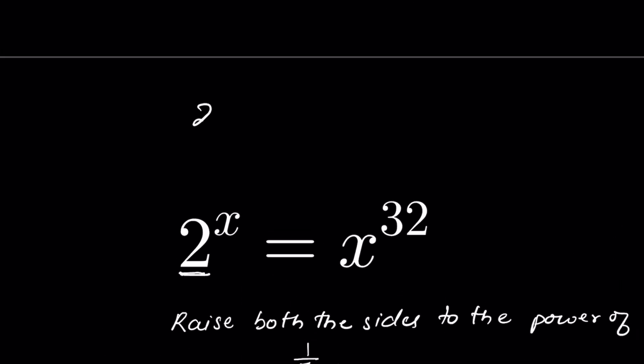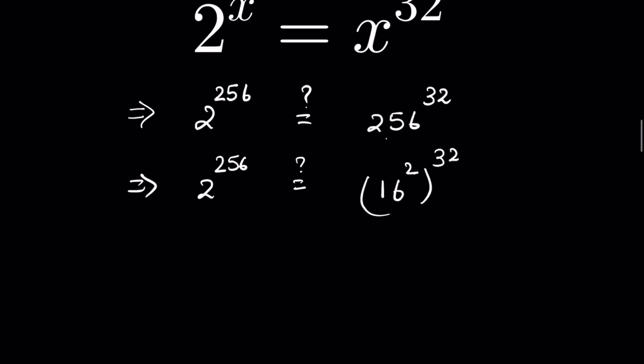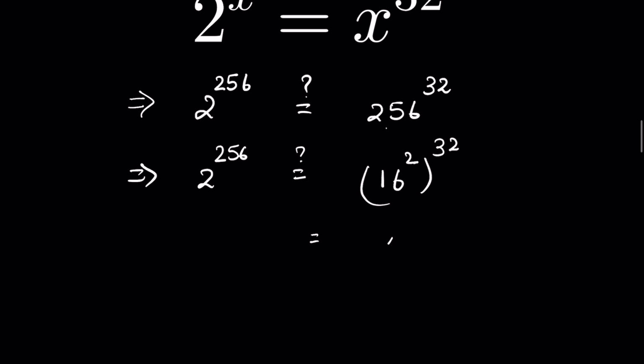2 to the power 256, we have to check whether it is equal to the right hand side, 256 to the power 32. 256 we can write as 16 square, then whole raised to the power 32. 16 square we can write as 4 square, and then this 4 square is 4 to the power 4, then whole to the power 32, and 4 you can write as 2 square.